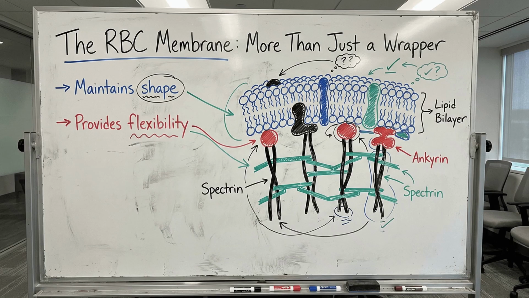Without this flexibility, the cell can't do its job. And because it certainly can't survive its 120-day journey, any defect can lead to premature destruction, as we'll see with hereditary spherocytosis.